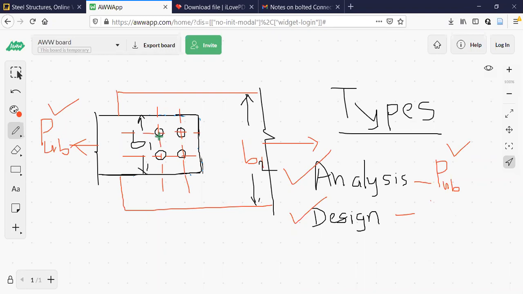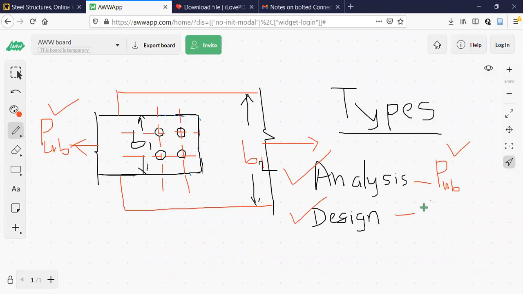So the dimensions are given here. Once you become an expert, you will be able to decide even the dimensions of the members to be connected. So initially these are given.